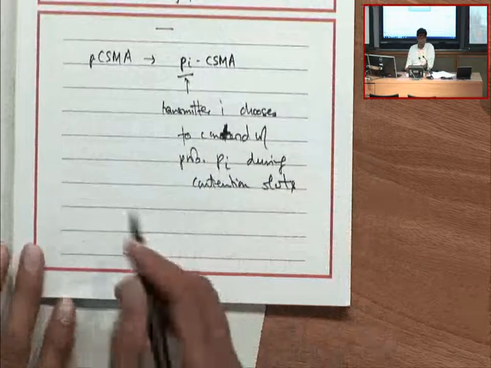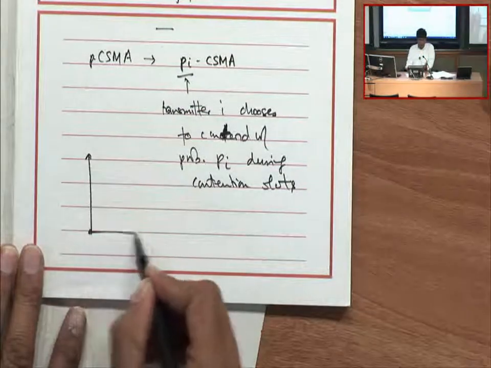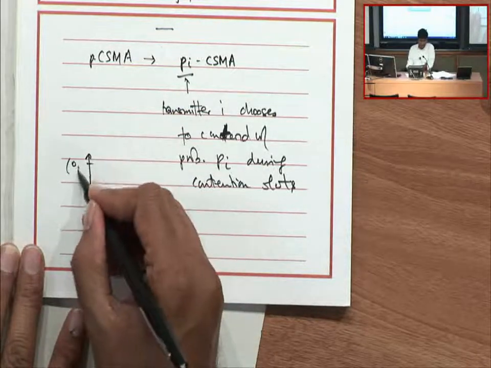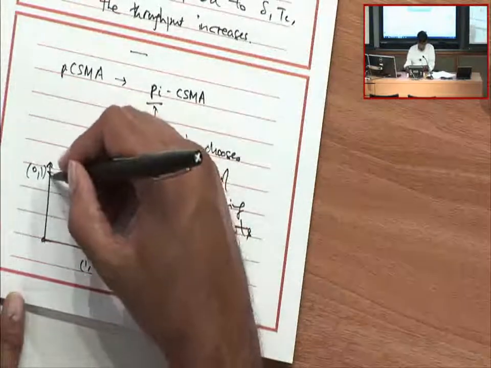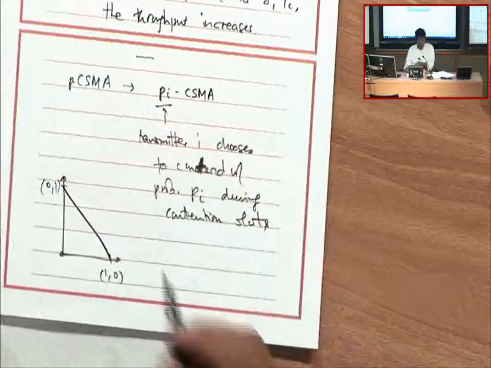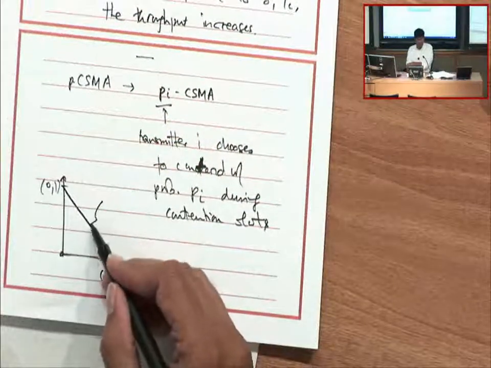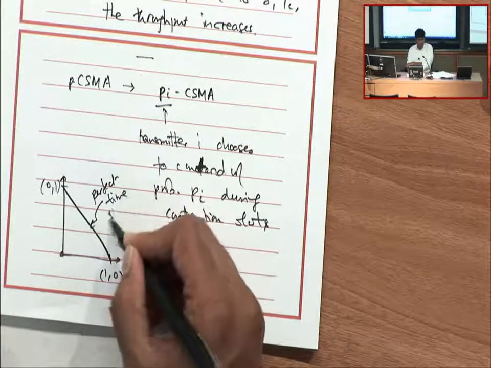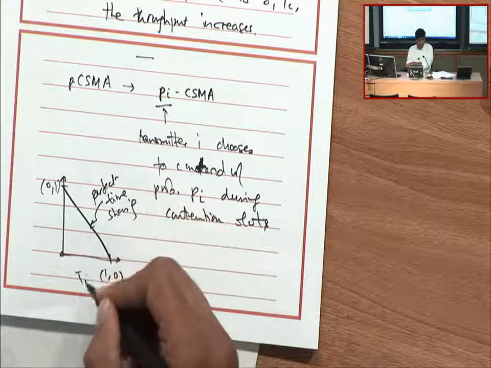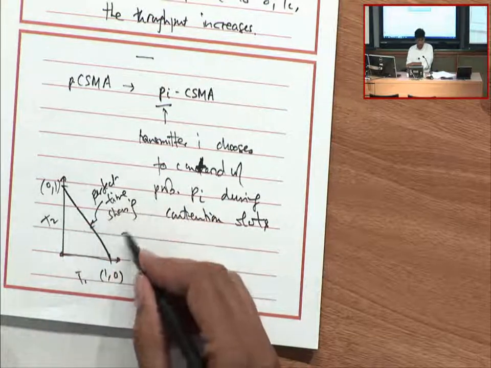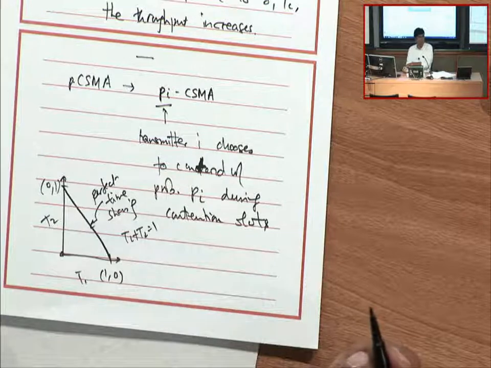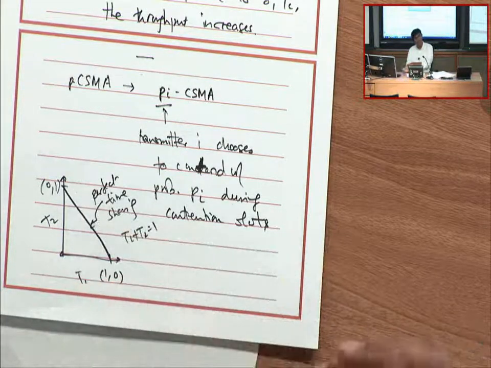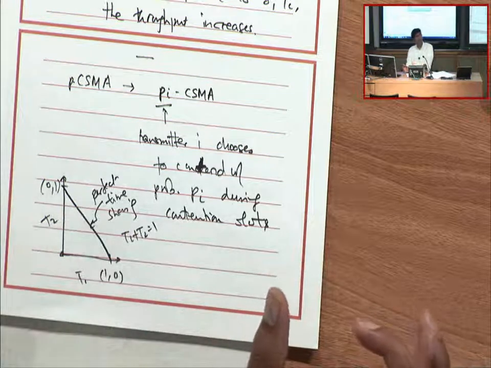Like the best you could hope for any region would be a straight line, because a straight line would represent perfect time sharing, where T1 plus T2 equals 1. So whatever throughput you have on that link, you can give exactly a fraction to T1 and the rest of it to T2.